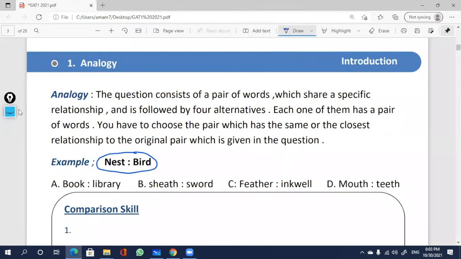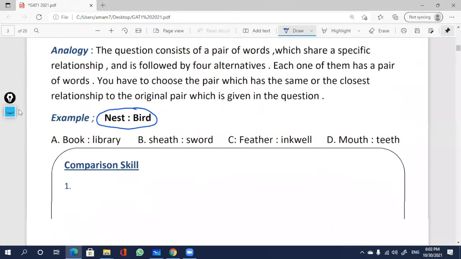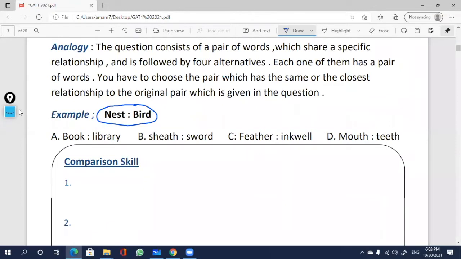Okay. Now, for example, we have a question. We have nest, bird. Now, can you guess what is the relationship which links these words? Write in the chat, okay? First of all, I want you to identify the relationship which links the pair of words given in the question. Can you identify the relationship?